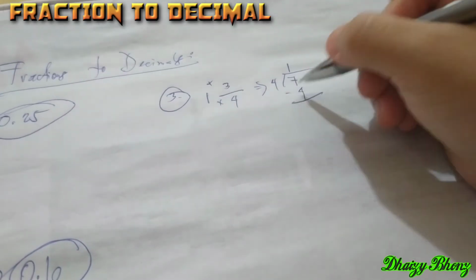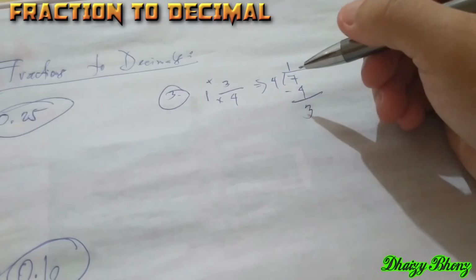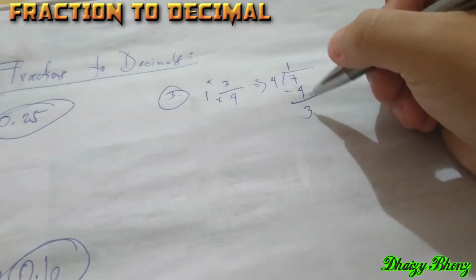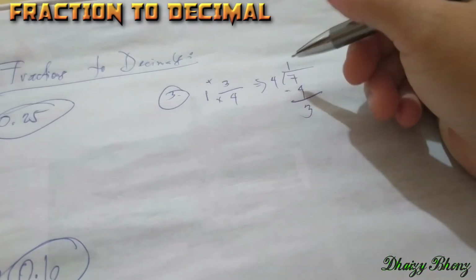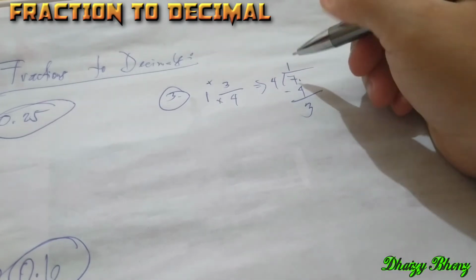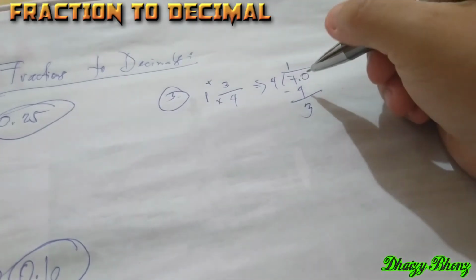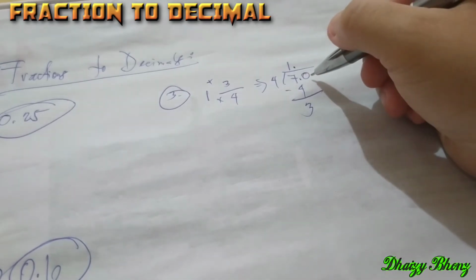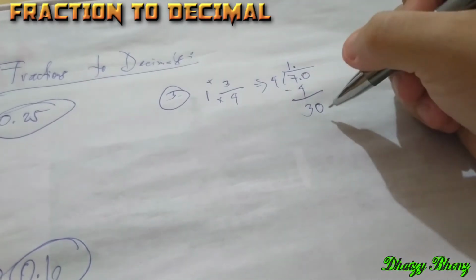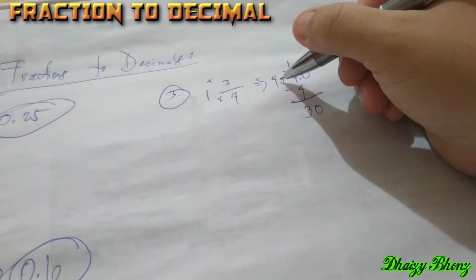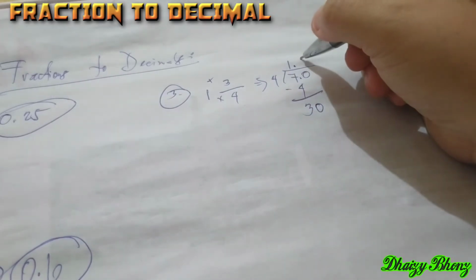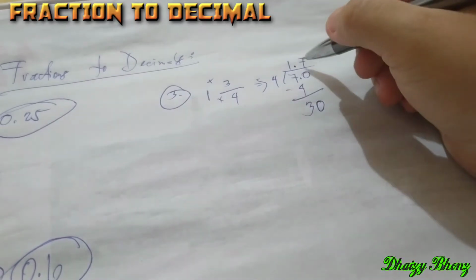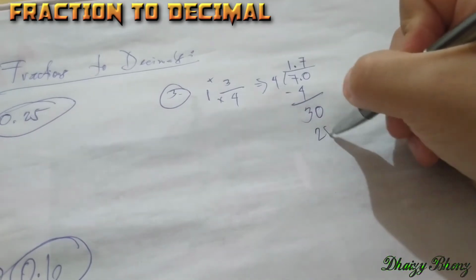Then, 7 minus 4 is 3. But, 3 divided by 4 cannot be. So, let's add 0. And copy that decimal point. Then, bring down 0. And 30 divided by 4 is 7. So, 7 times 4 is 28.